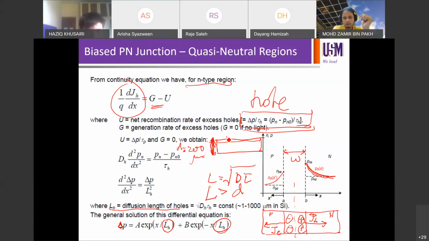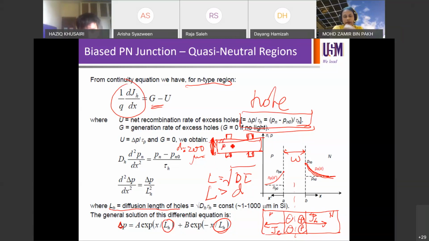So if you talk about metal, we haven't come to this yet, but just to give you some idea. Kalau this is your device, for example, then if you're talking about the diffusion of carriers through the material or through the device, for example, so this is N-type, this is P-type.